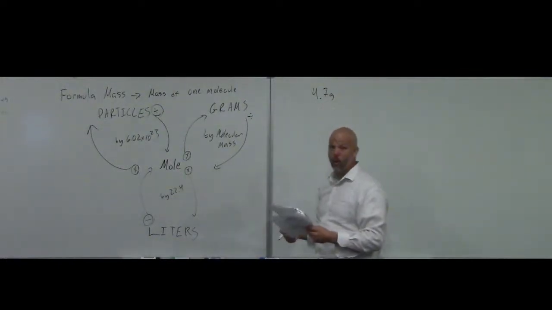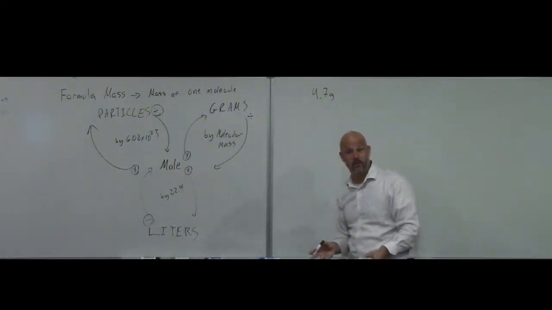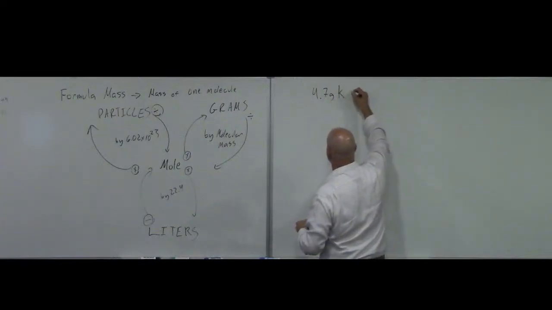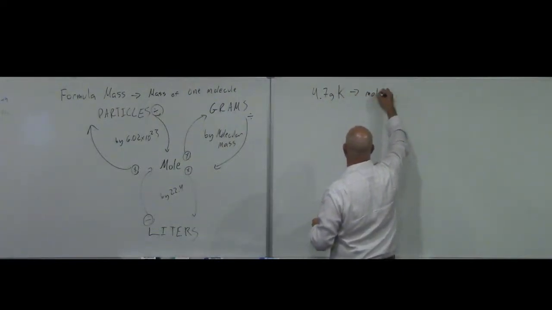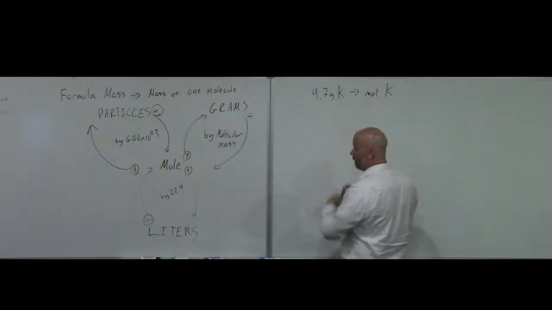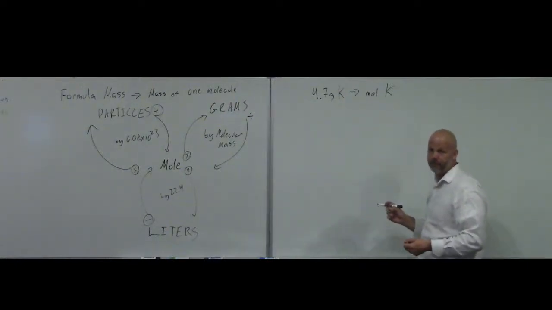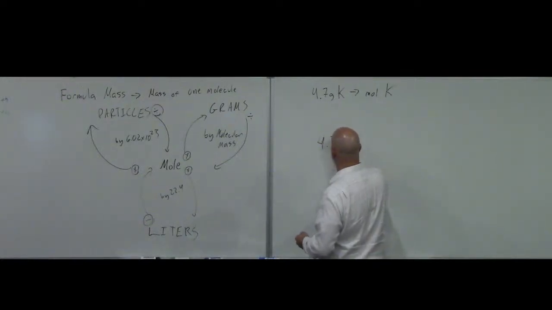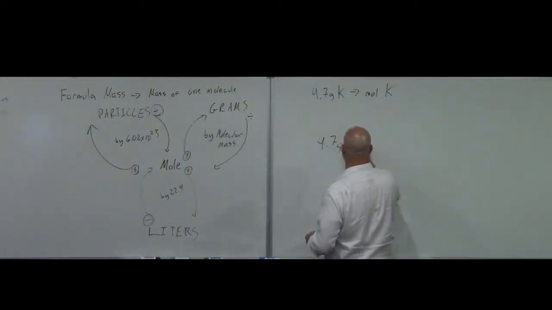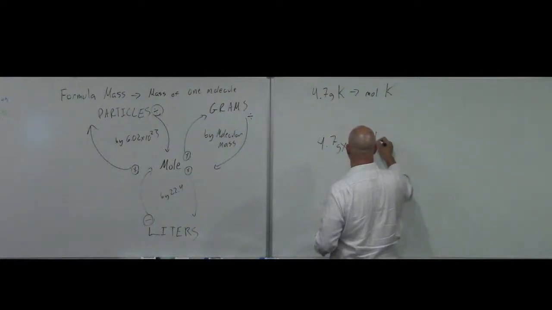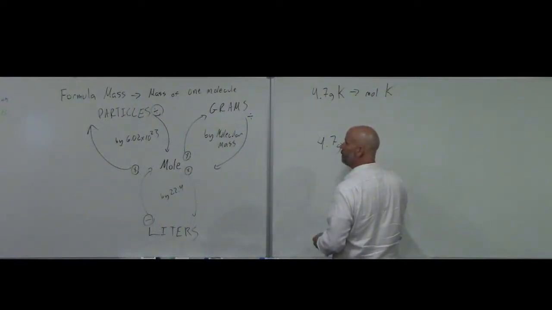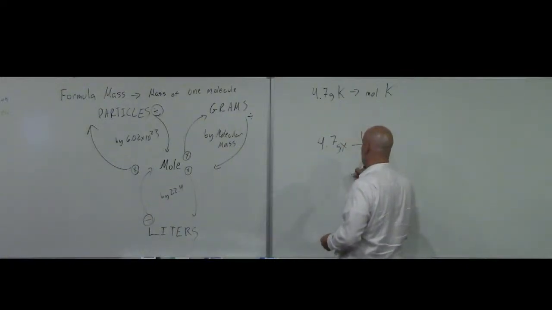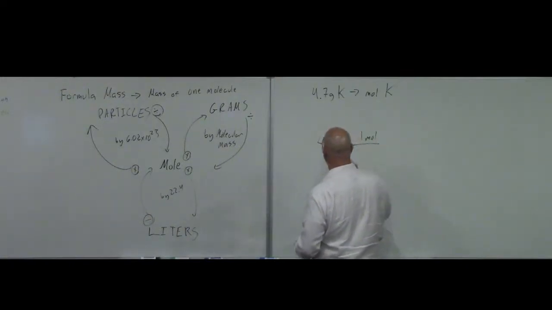Question is, how many moles of potassium do you need, right? So I want to go from 4.7 grams of potassium to moles of potassium. What do I do? How do I set this up? 4.7 grams times 1 mole over the molecular mass. So I need my molecular mass for potassium.